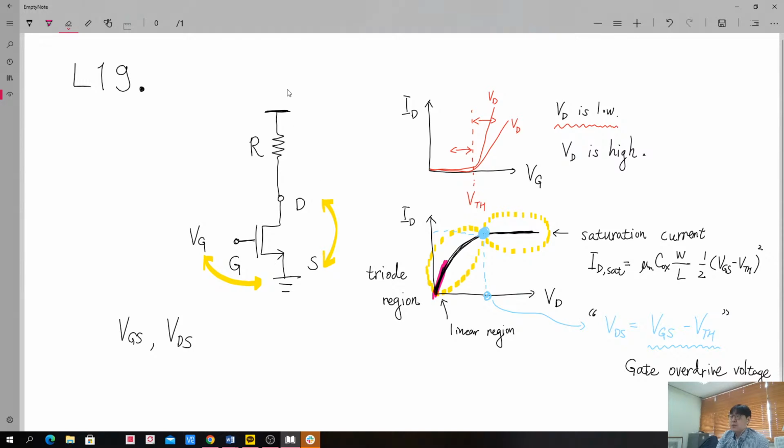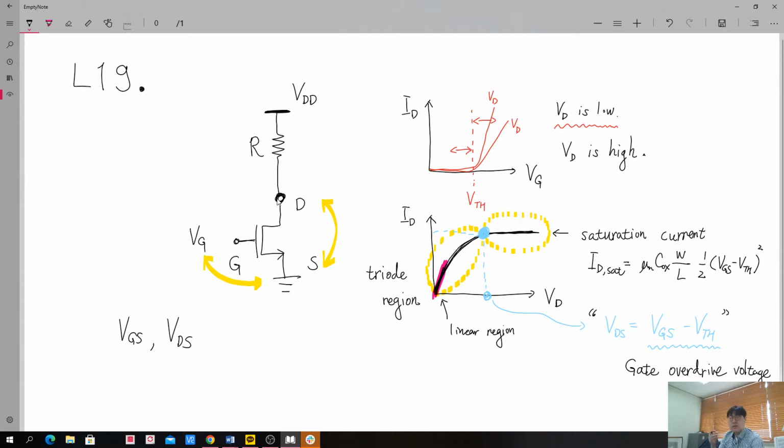Instead of that, we just add VDD into our upper part. Okay, so from the viewpoint of our NMOSFET, the voltage source is not directly connected to its drain terminal.